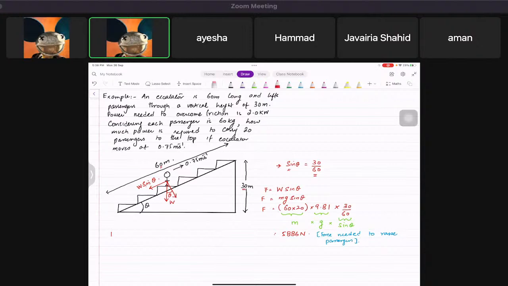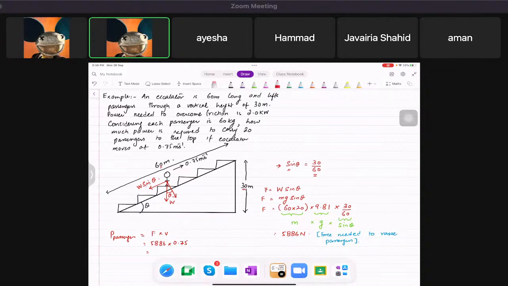Okay, so the power of the passengers that we need is basically force times velocity. The force was 5886 and the velocity was 0.75 at which it is traveling.